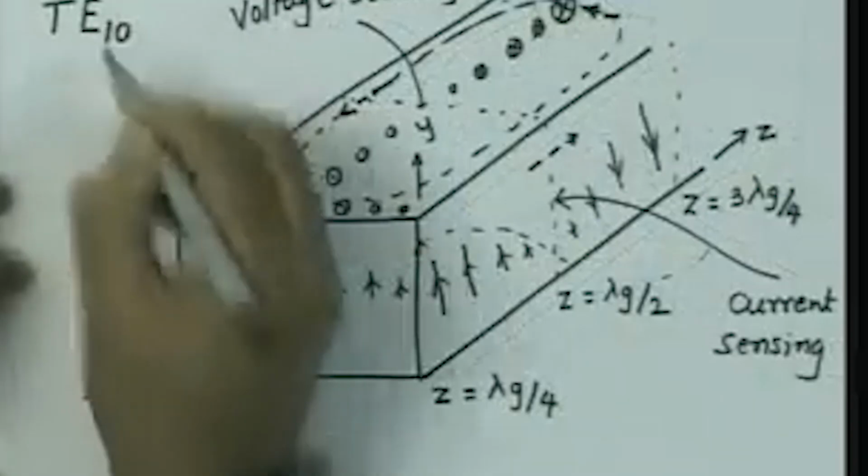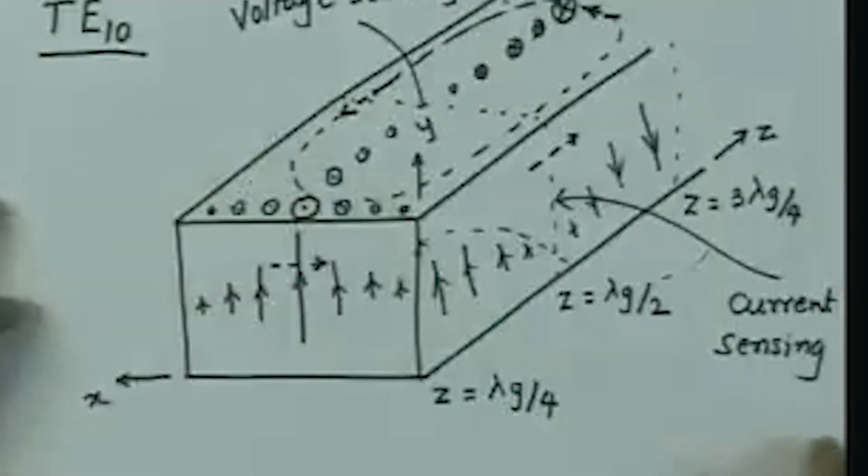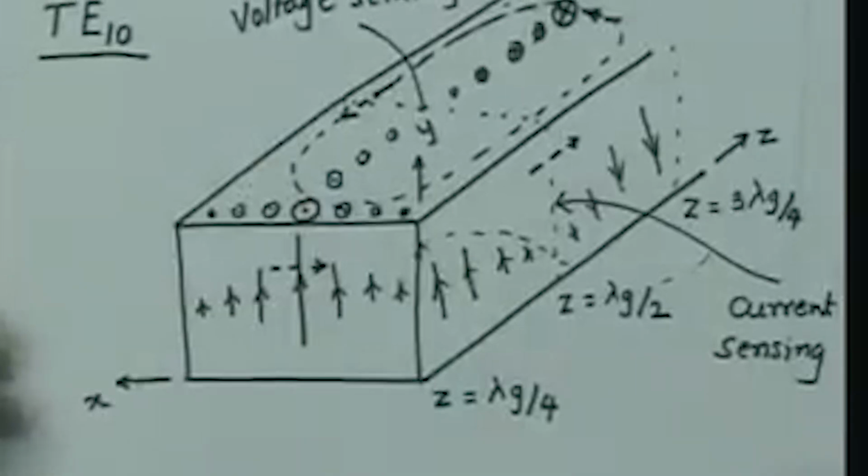The next question we have to ask is, when these fields are excited inside this waveguide, the surface currents will be induced inside the waveguide. Again we come back to the TE10 mode. We have seen that the surface current is related to the tangential component of the magnetic field.